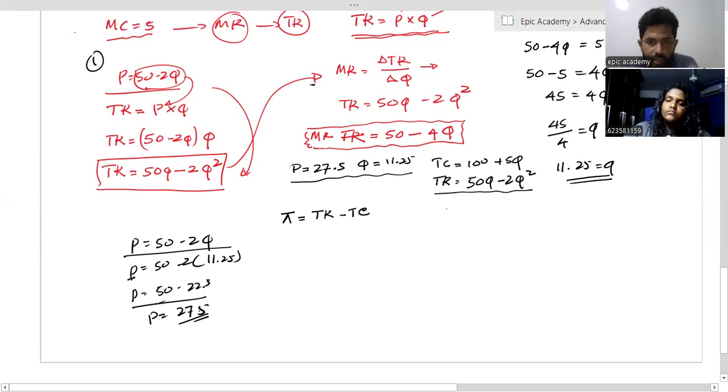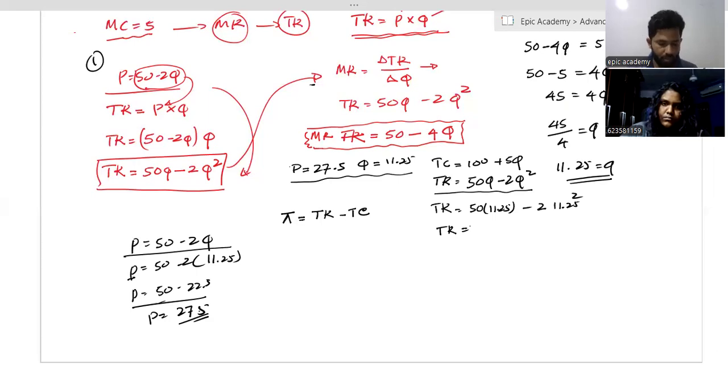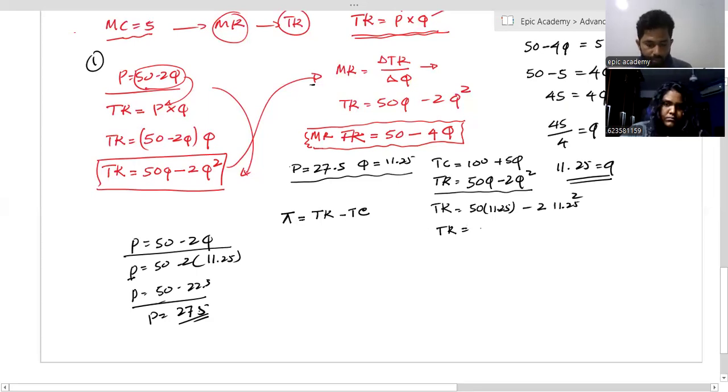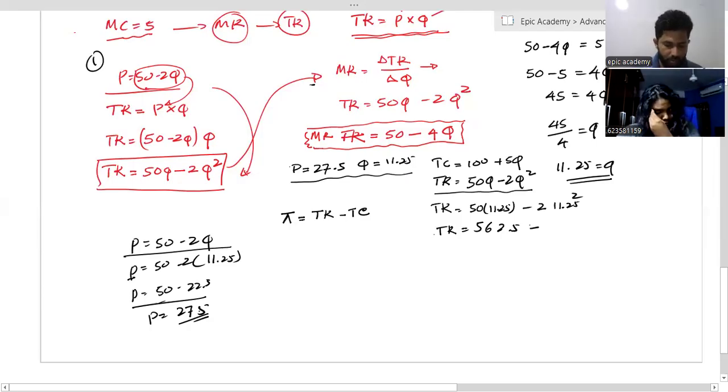TR equals 50 multiplied by 11.25 minus 2 multiplied by 11.25 squared.